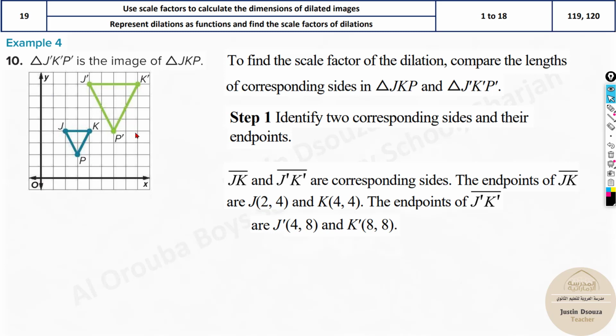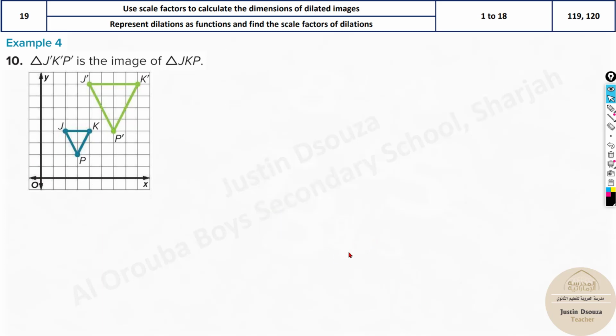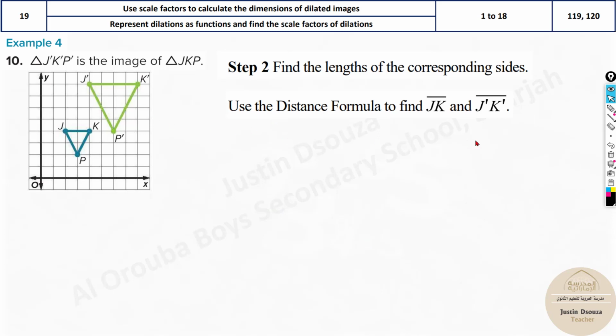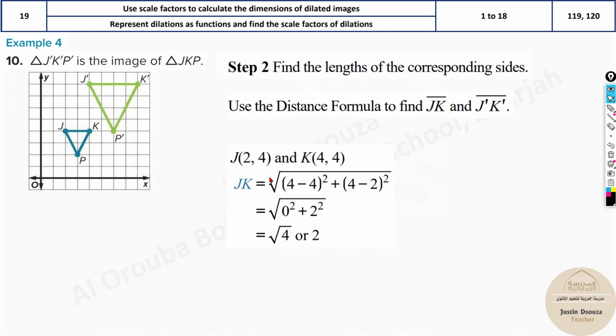It's fine, I guess. But first, we take the coordinates of the original image JK. It's 2, 4, 4, 4. And the dilated image is 4, 8 and 8, 8. So these are the values. Next, find the distance using the distance formula. You know the distance formula is given by the square root of x2 minus x1, the whole square, plus y2 minus y1, the whole square.